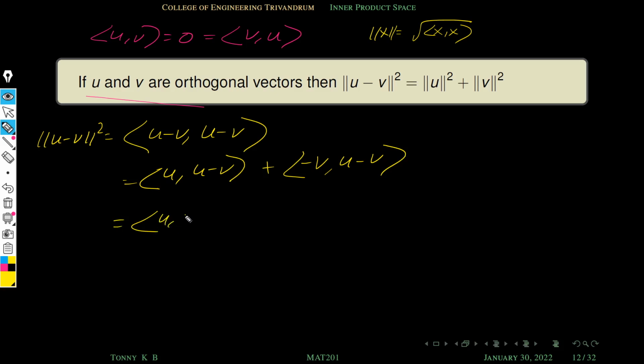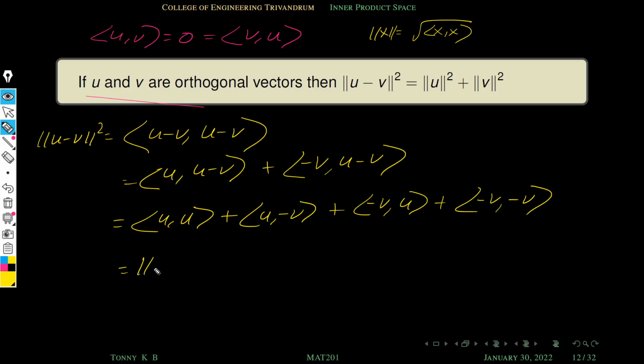So this becomes (u, u) plus (u, minus v) plus, and this is nothing but norm u squared. By the property of the inner product, (u, lambda v) is equal to lambda times (u, v). You can take the minus outside, so this becomes minus 1 times (u, v).